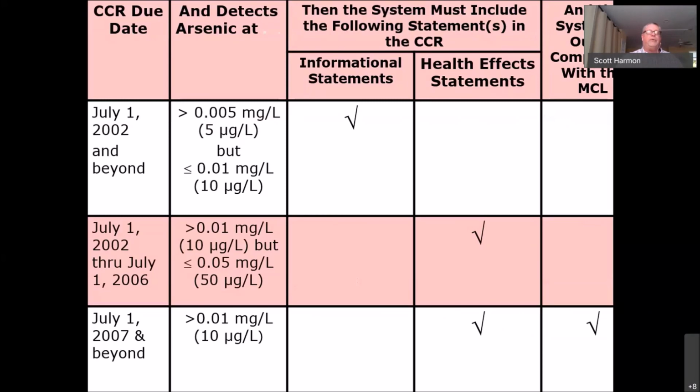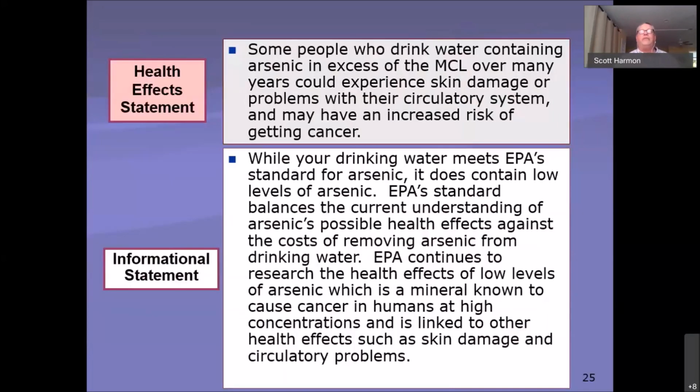So here's an example of what some of that health effects language could look like. You can read the bullets for health effects. This is just boilerplate language that most places use. Some people who drink water containing arsenic in excess of the maximum contaminant level for years experience skin damage, problems with the circulatory system, and so on. I'm not going to read them all out to you.